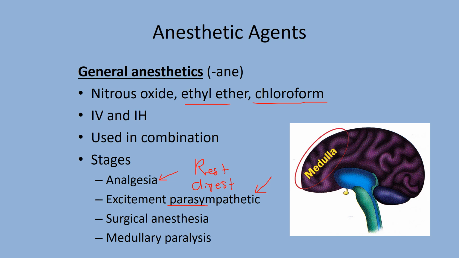Where we want you to be is at surgical anesthesia. So there's no pain, no sensation at all. However, we do not want to give you too much where we start to pretty much shut down your diaphragm. So the signal from your brain going to the diaphragm, having you breathe, once we give you too much and that's blocked, then you may die.